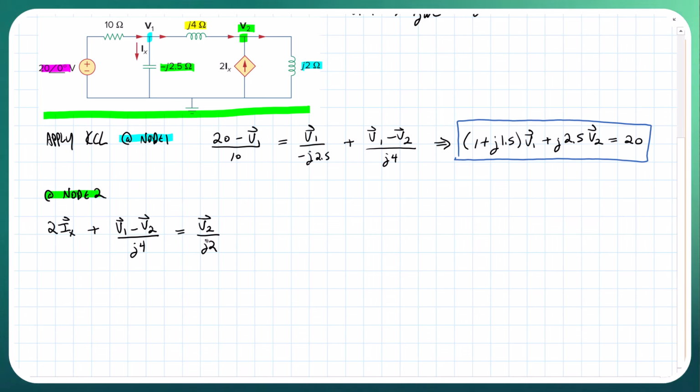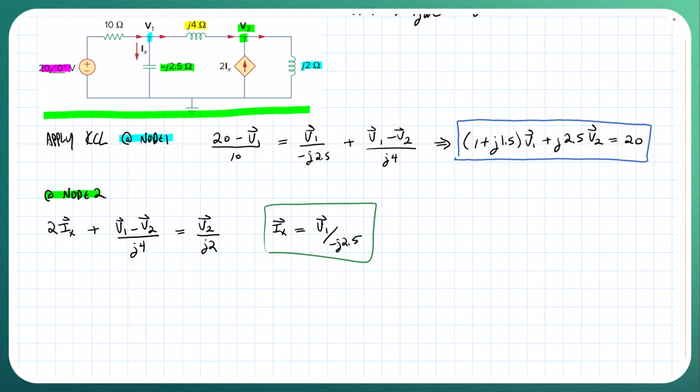Now we know that Ix equals V1 over minus j2.5. So we can substitute this guy in here.